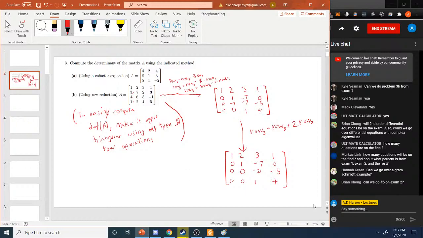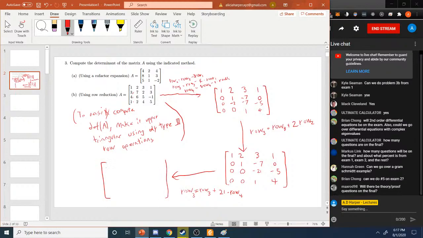So next thing I'm going to do is set row 3 to be equal to row 3 plus 21 times row 4. And this will get rid of this -21. So if I do this, let's see what I get. Well, I'm going to have 1, 2, 3, 1, 0, 1, -7, 0.